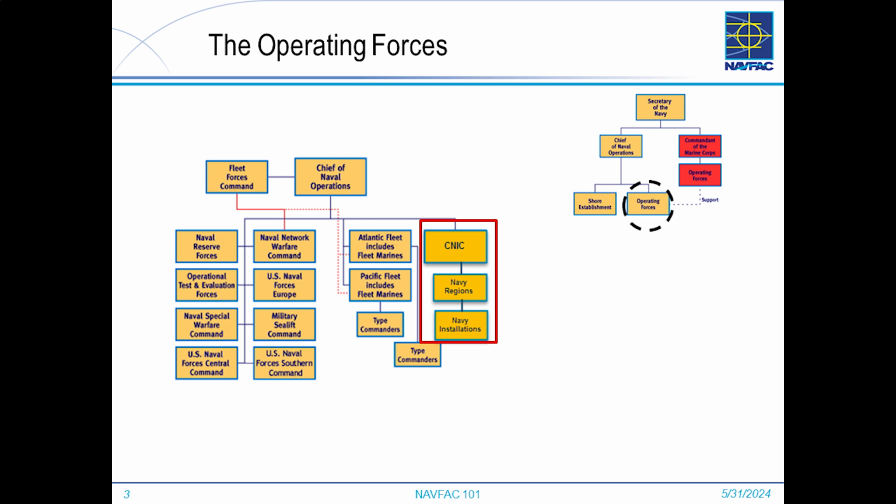CNIC stands for Commander Naval Installations Command. CNIC is headquartered at the Washington Navy Yard in Washington, D.C., and it was established back in October 2003. CNIC is responsible for worldwide Navy shore installation management as the Navy shore integrator.